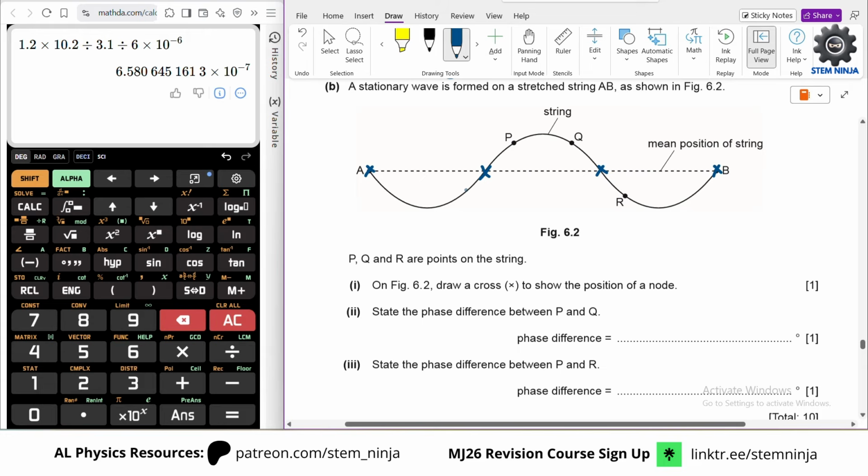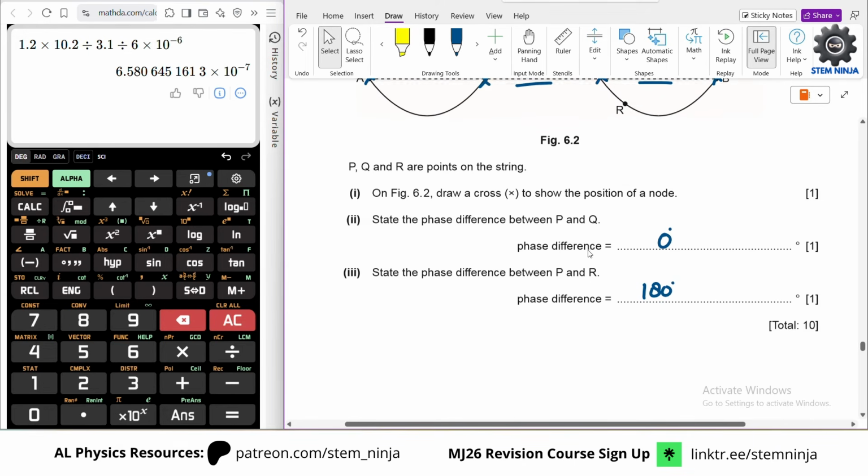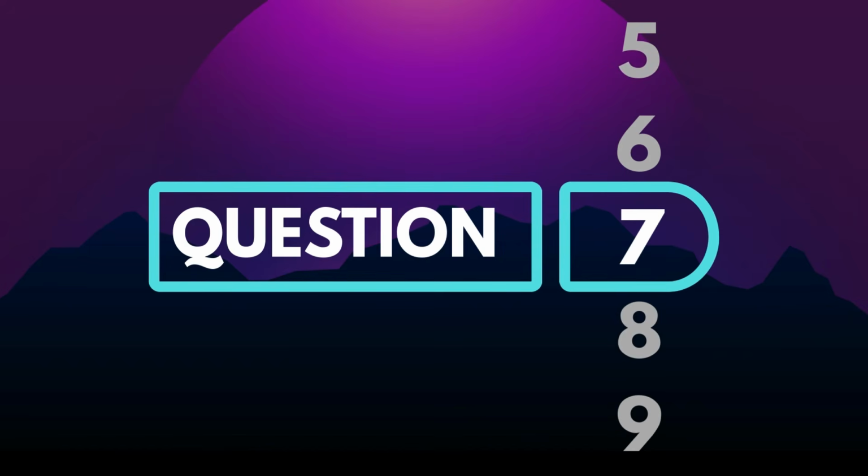State the phase difference between P and Q. So in between the adjacent nodes, the phase difference between the particles is 0. But in between adjacent node pairs, like in between this and this, you have 180 degrees phase difference. And that's it for this question. Let's move on to the last one.